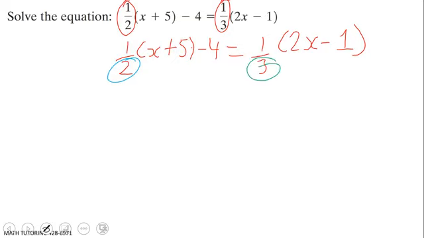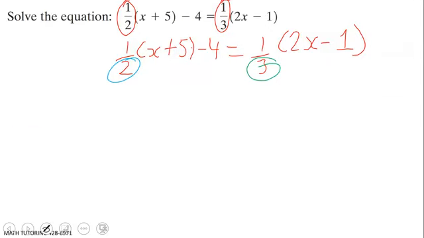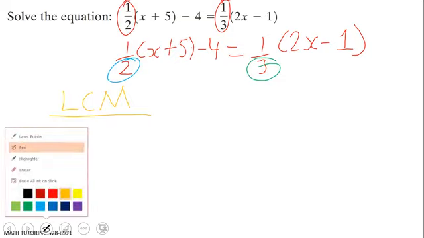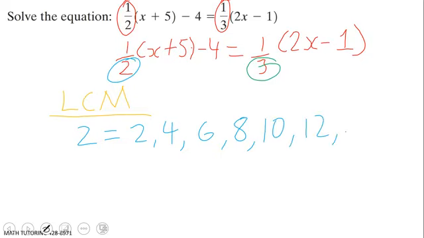So let's consider those denominators, and we're going to carry back to grade 9 the LCM of those two numbers, the lowest common multiple. All right, so let's list the multiples of 2. The multiples of 2 is what? 2, 4, 6, 8, 10, 12, and so on.